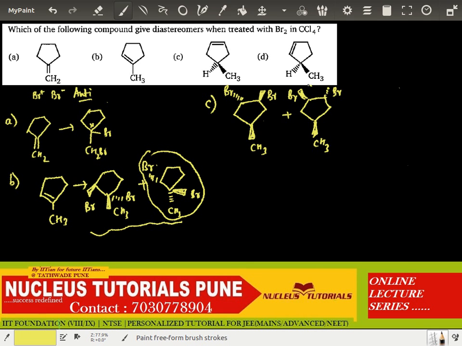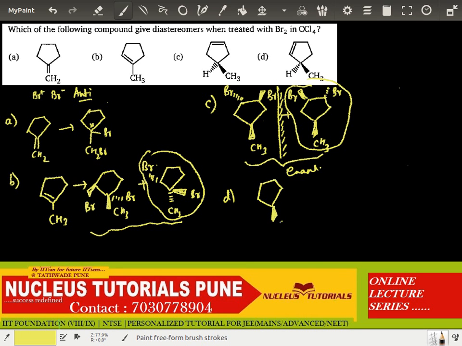Again, if you put this molecule side by side with the previous one, you will find that these are mirror images, which means again these are examples of enantiomers.